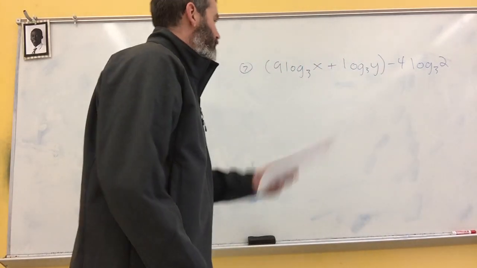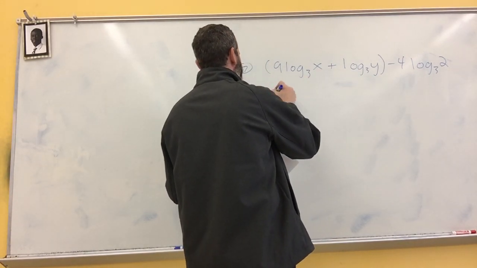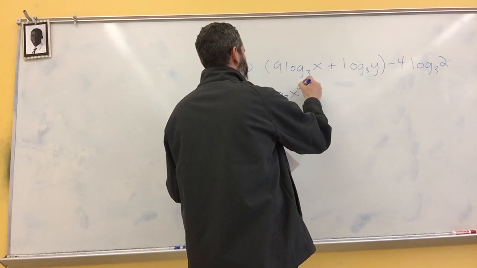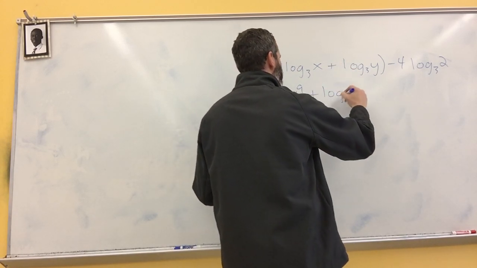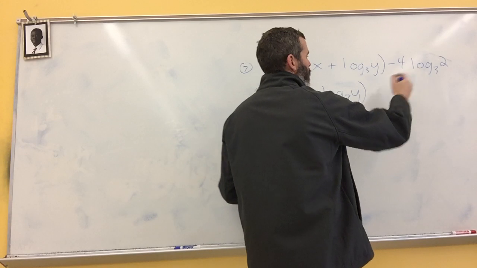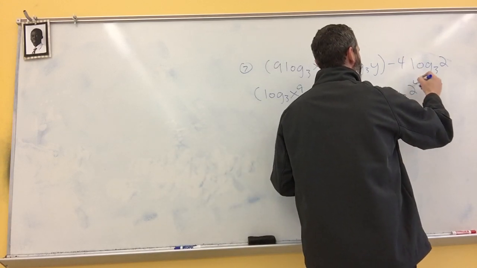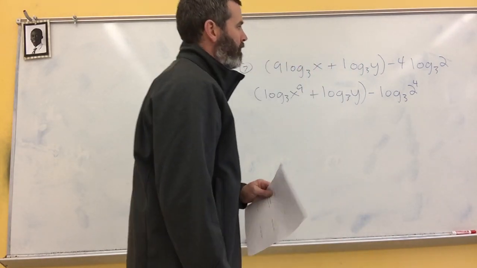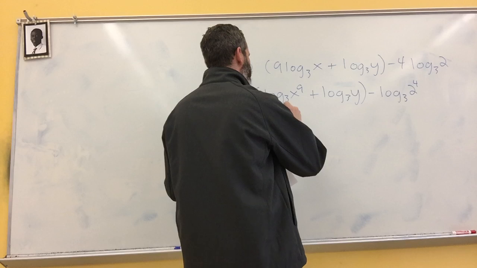Okay, a couple different things. I'm going to start off just inside here, do the power. So log base 3 of x to the 9th, move that up there. Nothing I can do here. Minus power. Next in here, product property, I'm adding these things together.